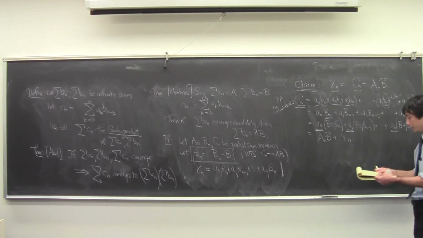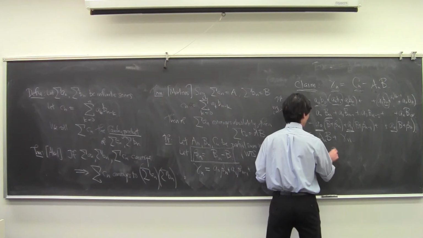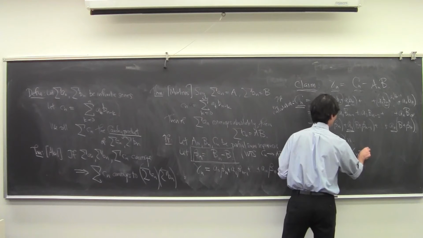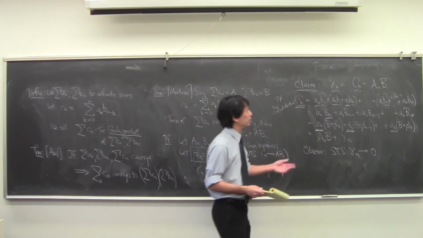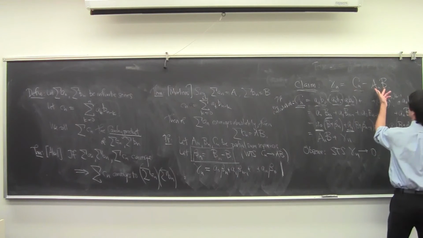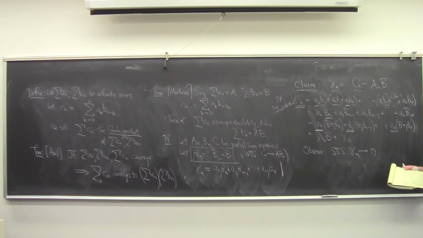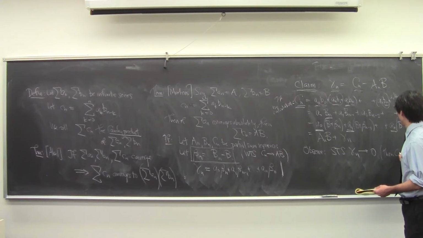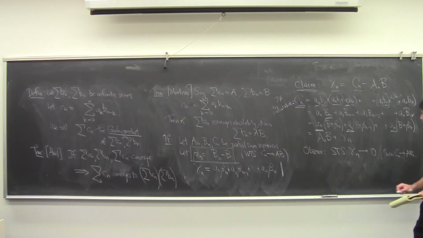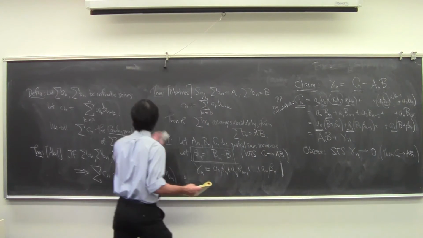Okay, so observe. It suffices to show that gamma n goes to 0. Because if that happens, that means that C sub n, which turns that C, converges to A times B. So okay, let's do that.